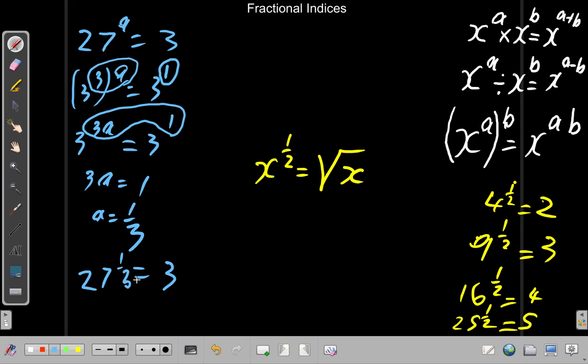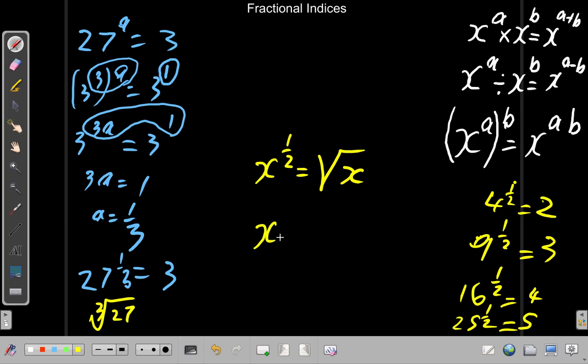But we saw earlier that 3 is the cube root of 27. So this is implying that 27 to the power of 1/3 is the cube root of 27.